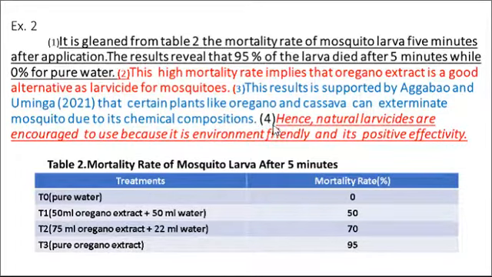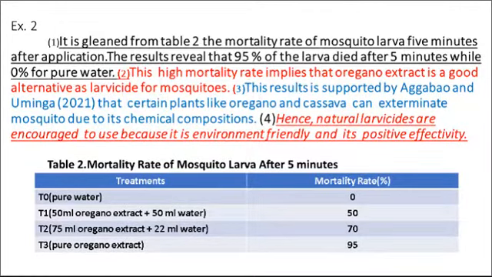Then number 4, giving of positive applications. Hence, natural larvicides are encouraged to use because it is environment friendly and it has positive effectivity. So this one shows the words of encouragement, advices, recommendations, and suggestions.